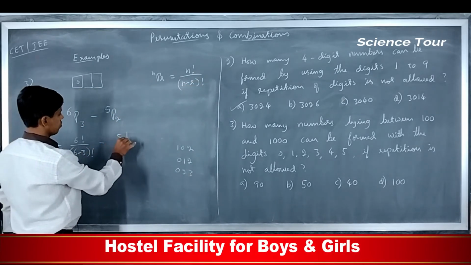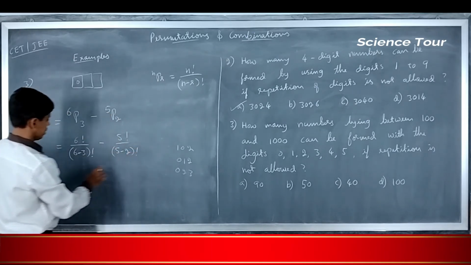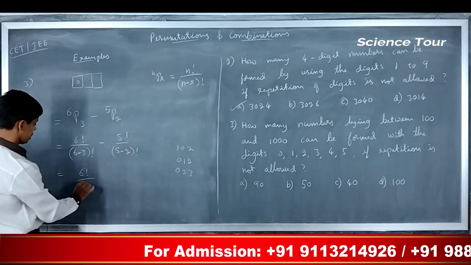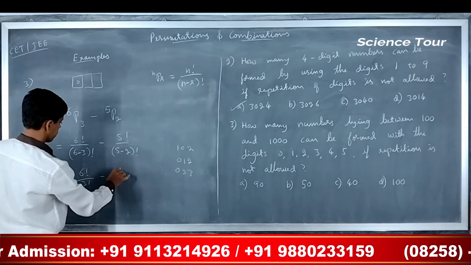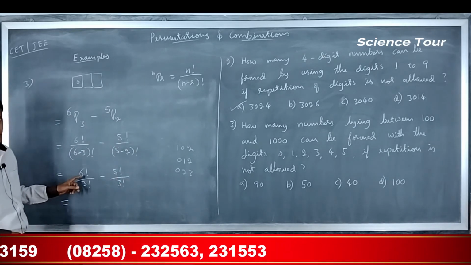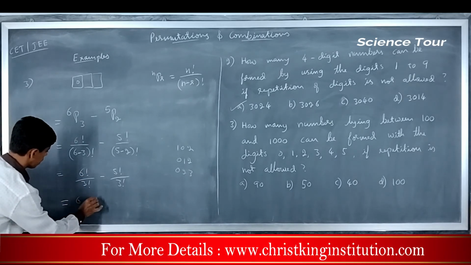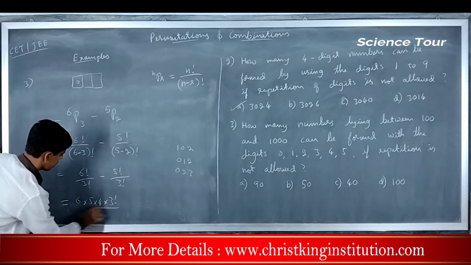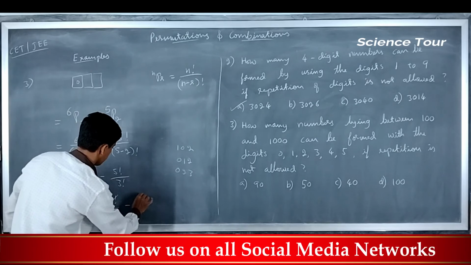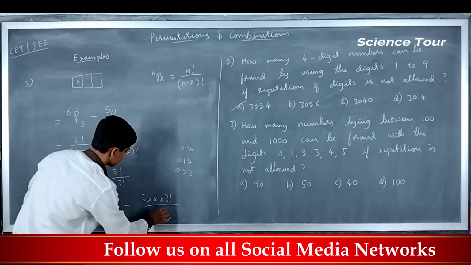And this is like 5 factorial divided by 5 minus 2 factorial, and now that is like 6 factorial divided by 6 minus 3, which is 3 factorial. Simplify this. So this is 6 into 5 into 4 into 3 factorial, so 3 factorial can be cancelled, and over here you have got 5 into 4 into 3 factorial divided by 3 factorial.